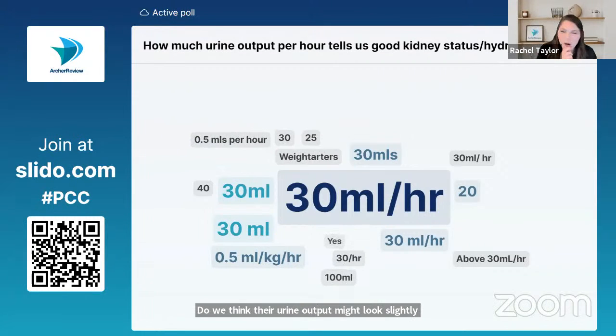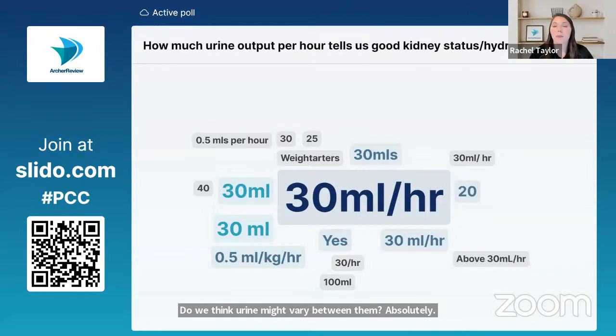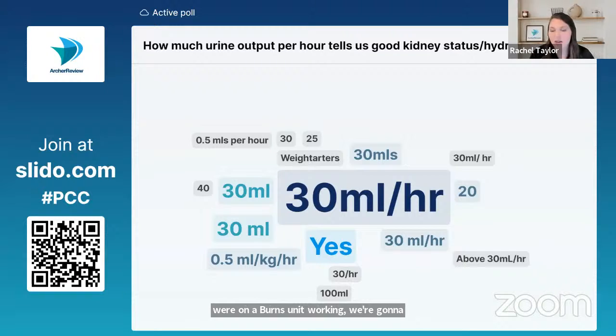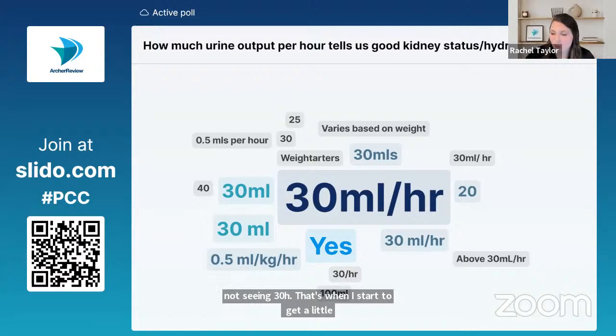Do we think urine output might vary between them? Absolutely. So that's why when I'm in the ICU working, or if we were on a burns unit working, we're going to probably get more specific with urine output. Now, on average, I like to see the 30 mils per hour. When I'm not seeing 30 mils per hour, that's when I start to get a little bit concerned. Are my organs working? Are my kidneys perfusing?